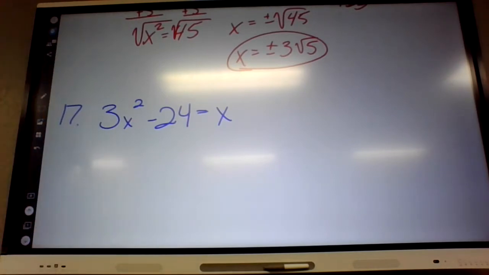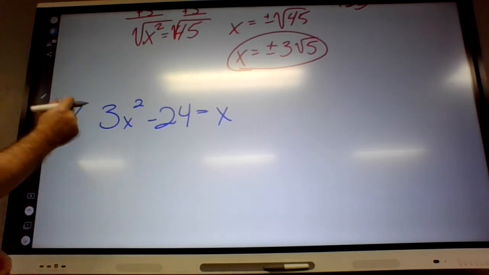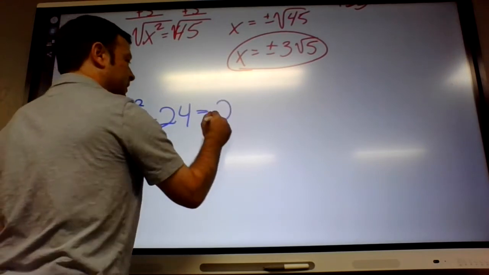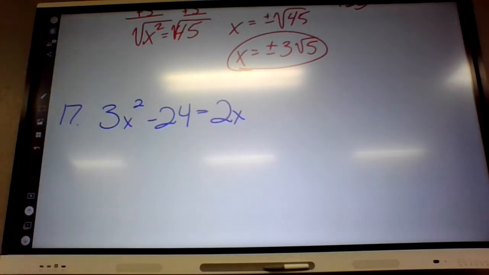Does that factor? I'm going to make one that does factor. Let's try that. I think that one does factor. Don't factor it though, just use quadratic formula.